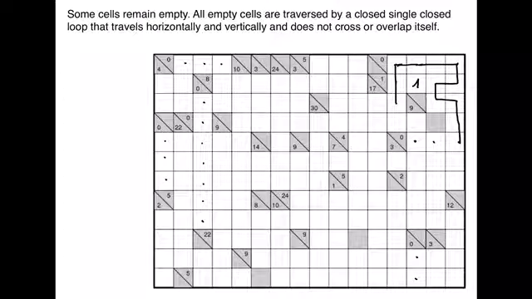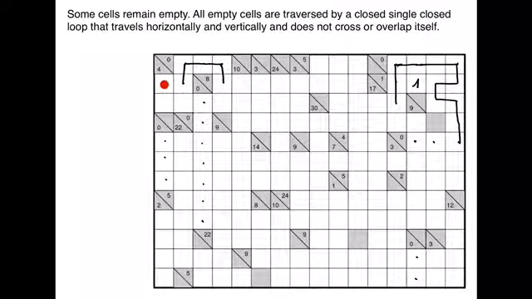Here the loop is forced to go like this and like this. But what happens next is not that obvious. The loop can't do this because if it does this, it has to go down, and this 4 is broken.